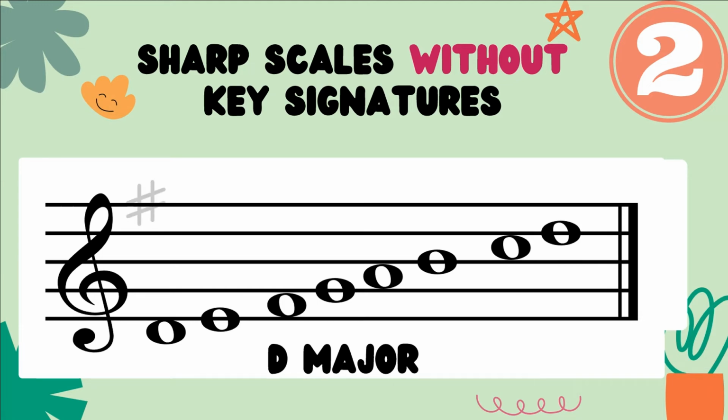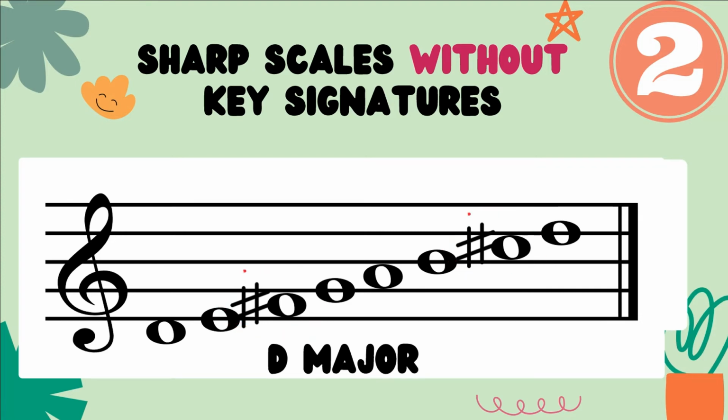The very first sharp is going to be on F, while the second one will be on C. This time we are going to remove them from the position after the clef sign and bring them to their positions. The first sharp is going to be there, while the second one will be by that note, indicating that these are the notes that are raised in this scale, and it follows the pattern of the scale: tone, tone, semitone, tone, tone, tone, semitone.